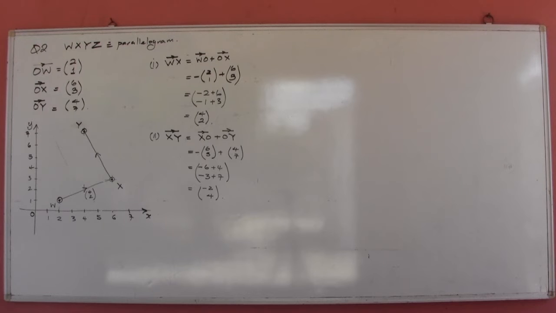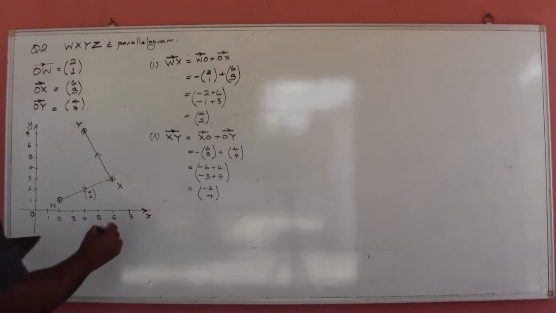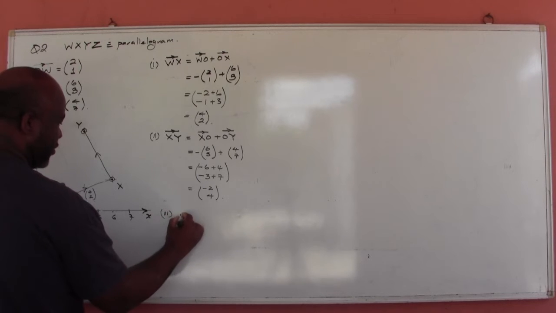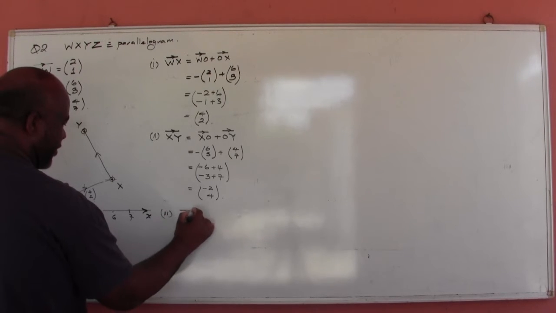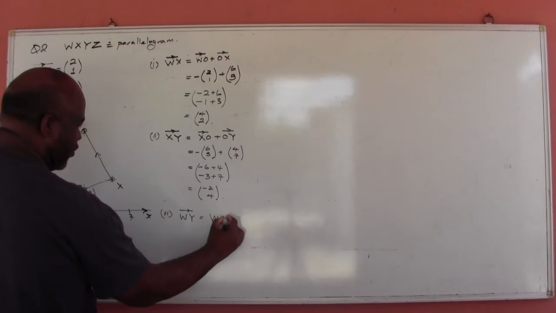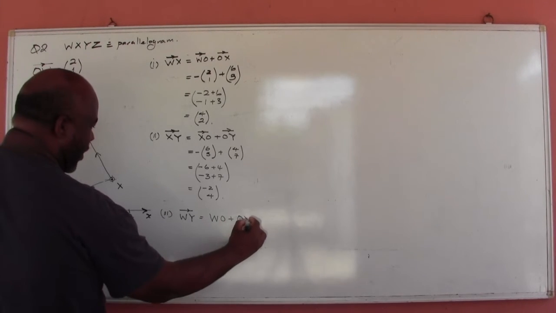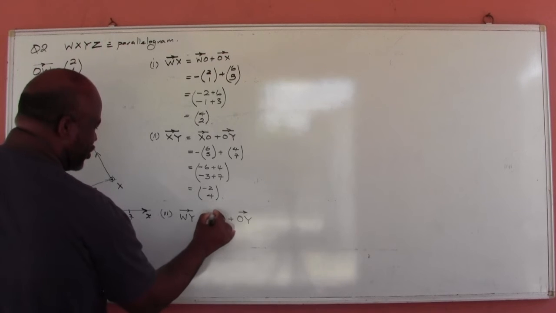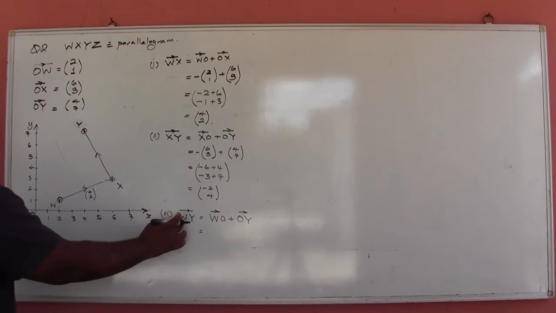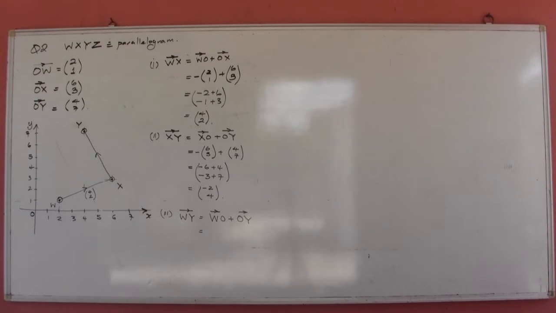Let's get WY. The third one we're asked to find is WY. These are not very difficult. The vector WY would be WO plus OY, and this is the triangle law of vectors. You're going to start with W and end with Y, and the next letter will go in the middle.